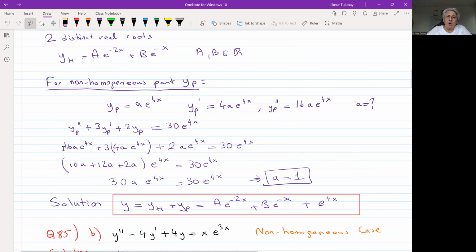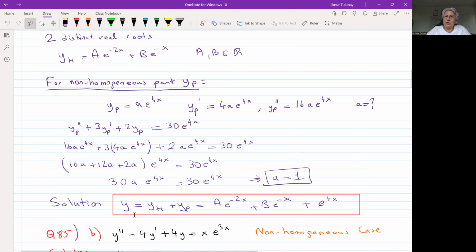If we organize the left-hand side, we have 16a plus 12a plus 2a, which gives 30a e to the 4x on the left-hand side, and 30 e to the 4x on the right-hand side. As I said, this coefficient here is equivalent to this coefficient. In this case, a is equal to 1.